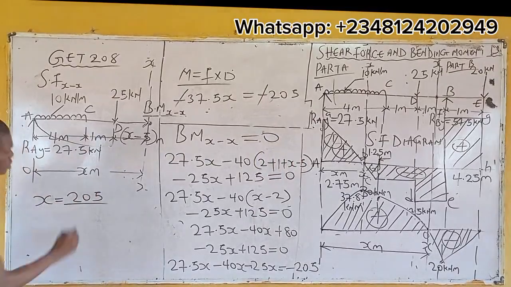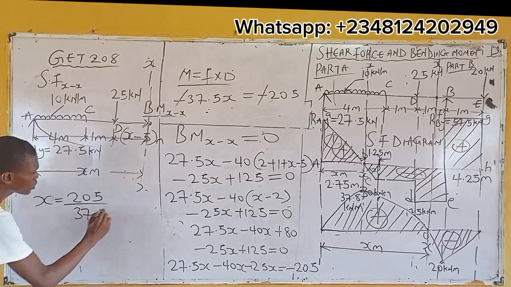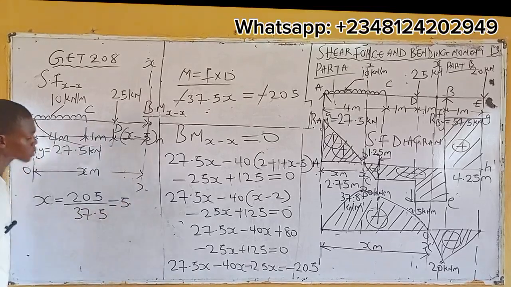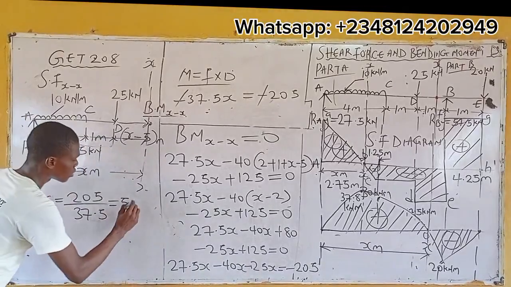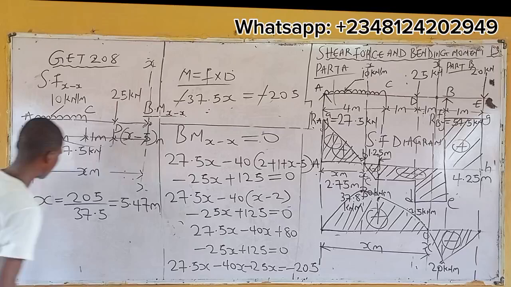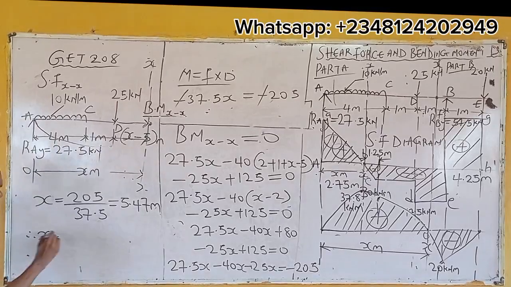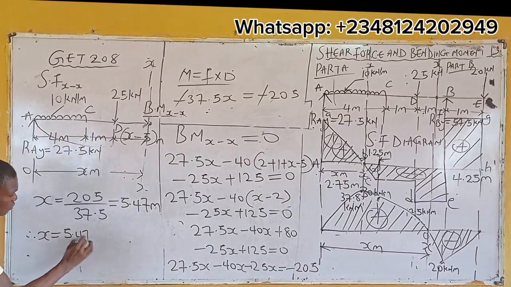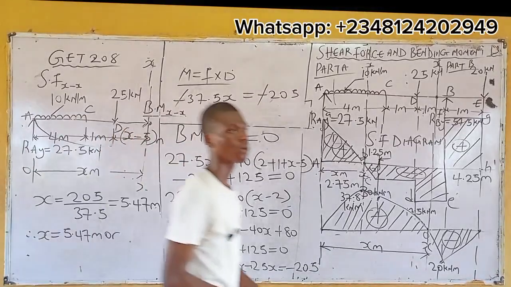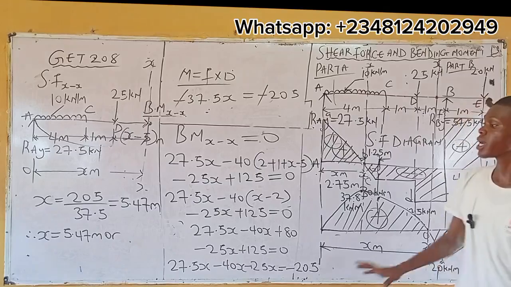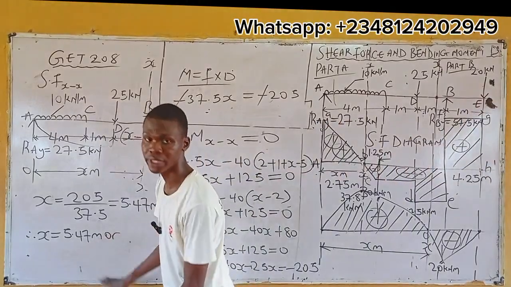Which is equal to 5.47 meters. Therefore, x is equal to 5.47 meters.